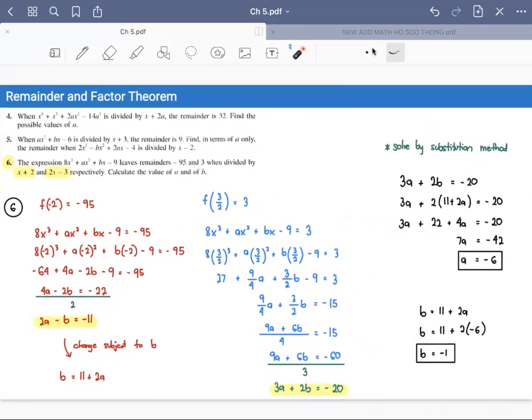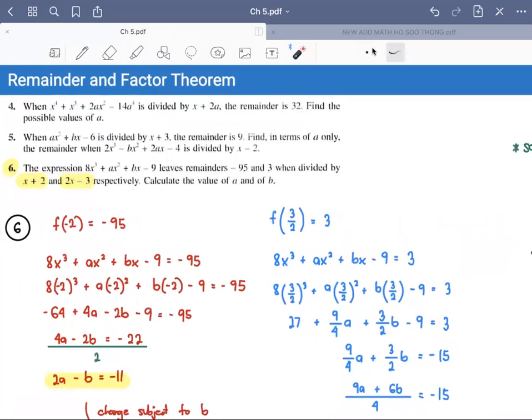All right. Okay. So basically, from my workings, you can see that I have solved this by simultaneous equations because I have two equations here, right? So how did I get these two, and what's the question about? So let's have number 6.